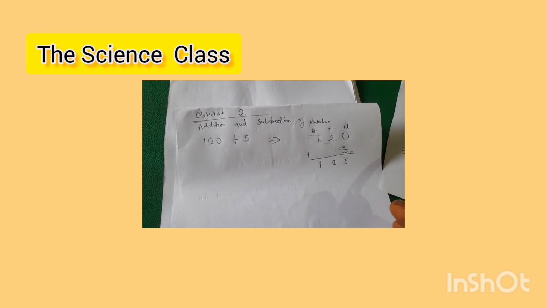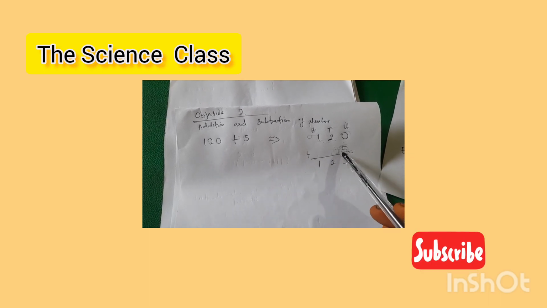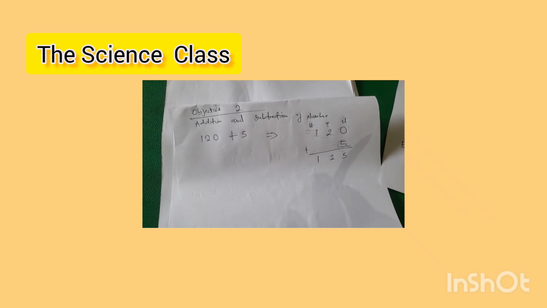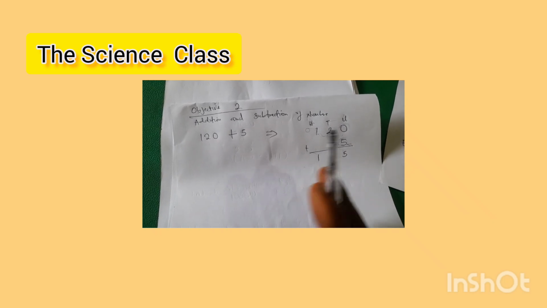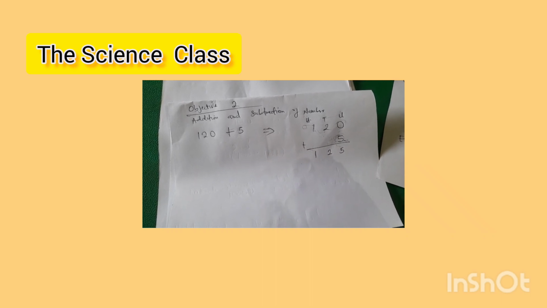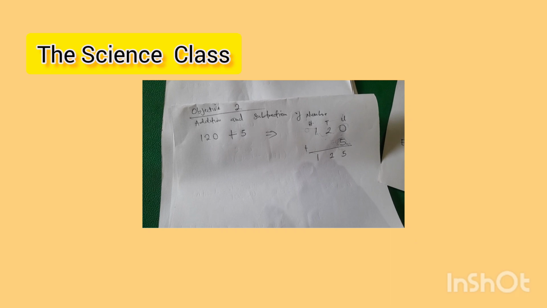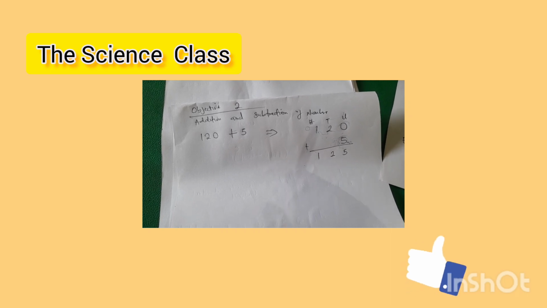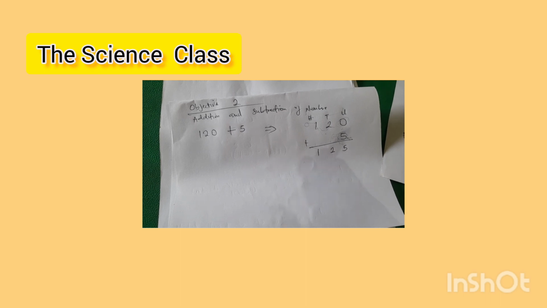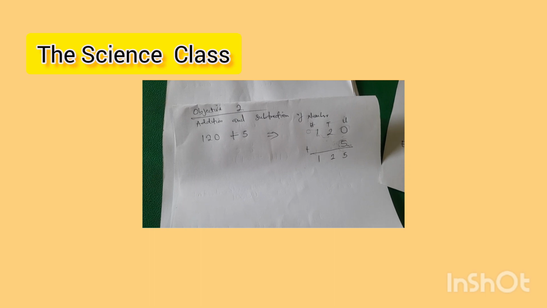Any number that does not have a decimal has an imaginary 0, but it is not written because a 0 after the decimal point is taken away. You understand? It's taken away because it's not a significant figure.